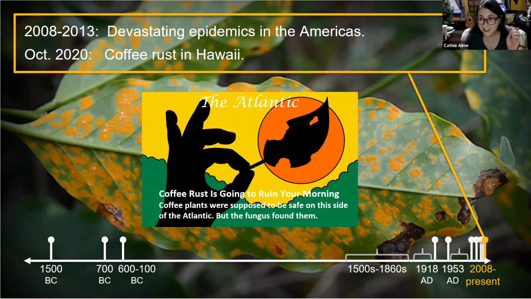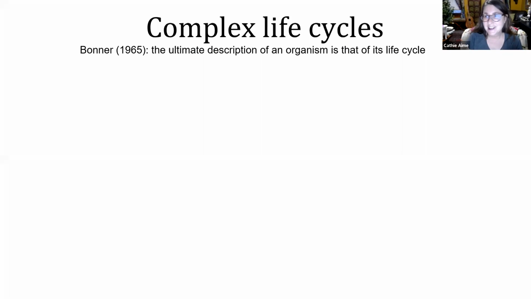So I'm going to completely change tack again now and get back to that original question, which was about the life cycles of these things, now that we know a little bit about some of the damage they can do. And as I've mentioned already, rust fungi have what we call complex life cycles.